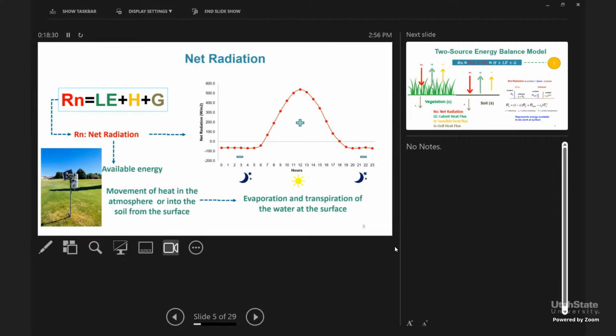So we estimate each of these values, and it will behave as a Gauss bell formula that we may need to adjust later. But basically, since we collect data at different times of the day, we can approximate how much water was lost during the day. And that's part of our research we're doing now.